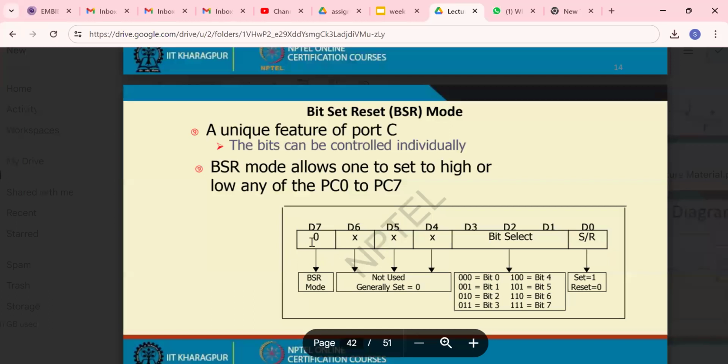Bit 4 of port C. The control word is 0xxx, normally 000. I have to reset bit 4, which we know is 100, and reset is 0.